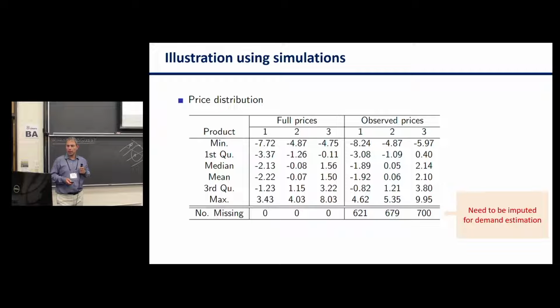So if we look at the full prices, without missing, we have certain parameters. For the observed prices, we have completely different data in terms of median, mean and other distribution parameters, which will obviously be very much skewed.